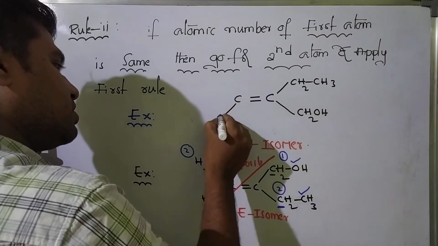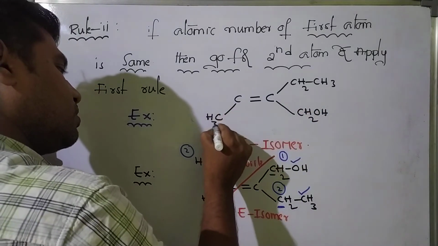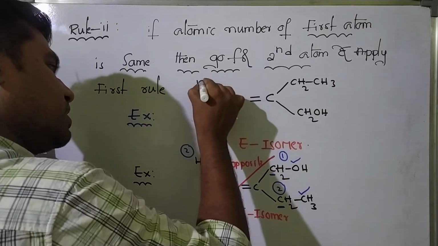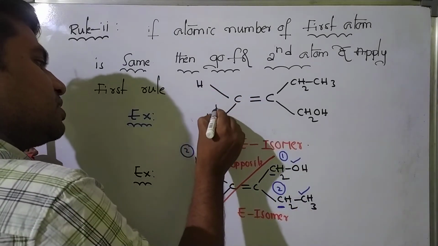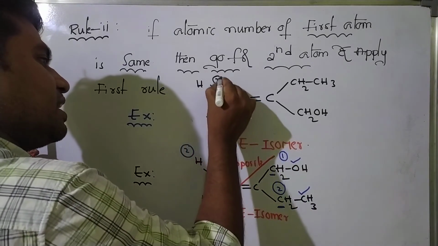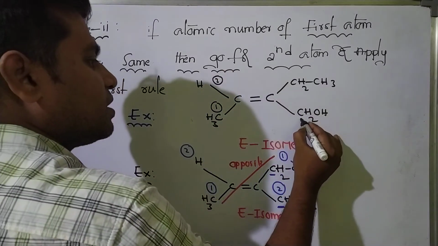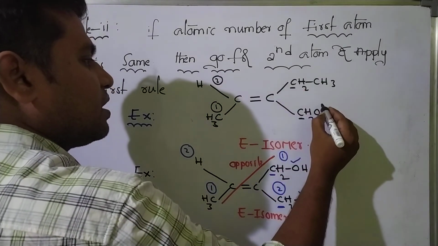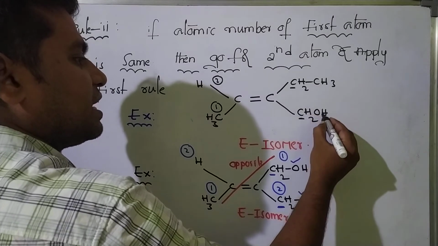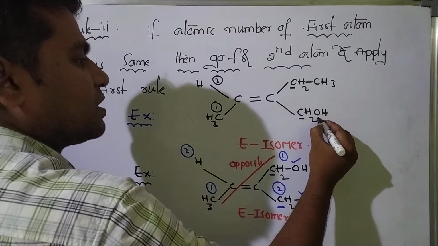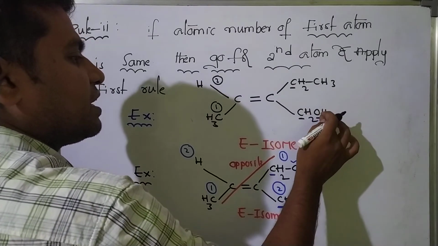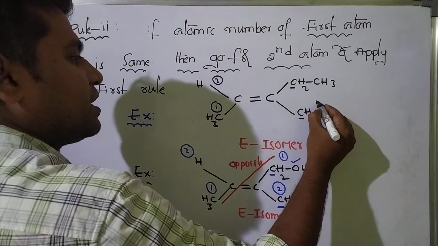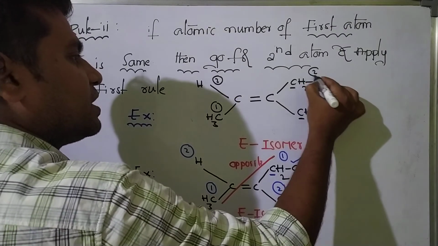So in this case, this is methyl group. So this is hydrogen. So this is first priority. This is second priority. Here the first atoms are same. Then we will consider second atom. Second atom means oxygen. So it will get first priority. This is second priority.